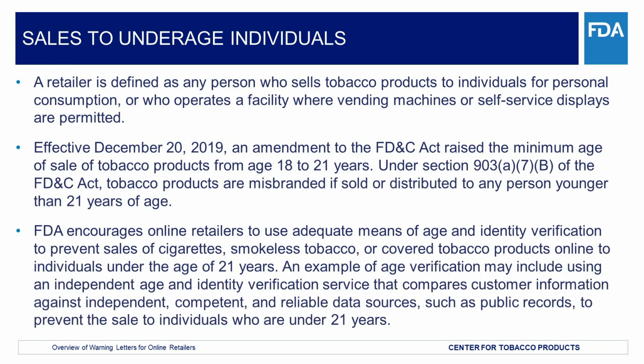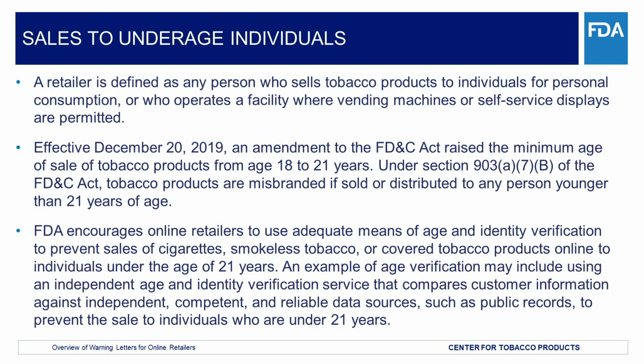A retailer is defined as any person who sells tobacco products to individuals for personal consumption, or who operates a facility where vending machines or self-service displays are permitted. The Further Consolidated Appropriations Act of 2020, or Appropriations Act, enacted on December 20, 2019, established and made immediately effective a new federal minimum age for the sale of tobacco products.